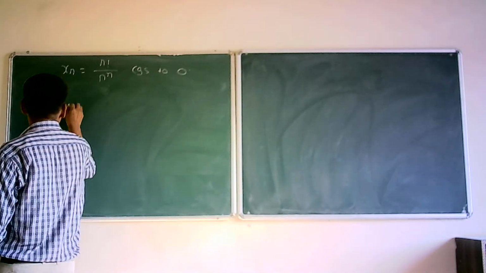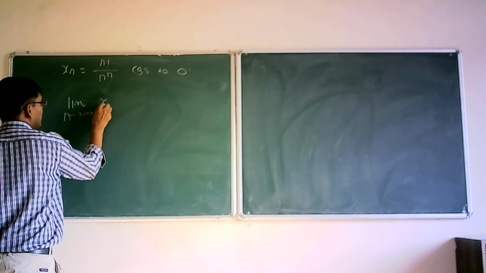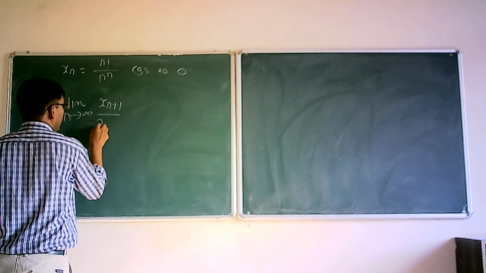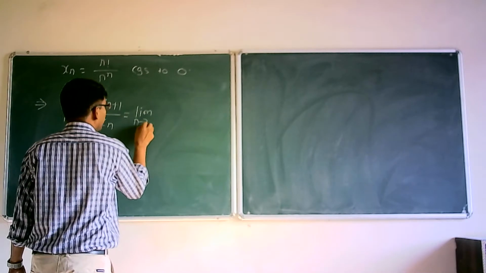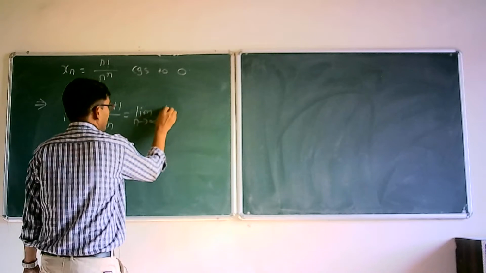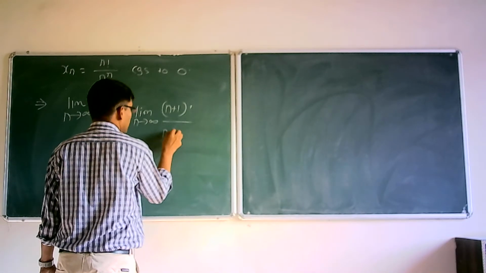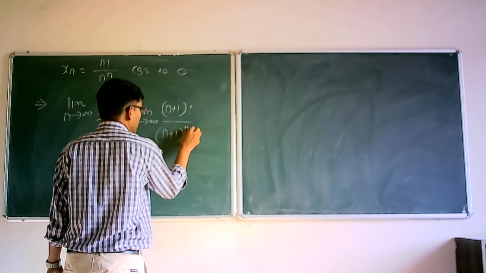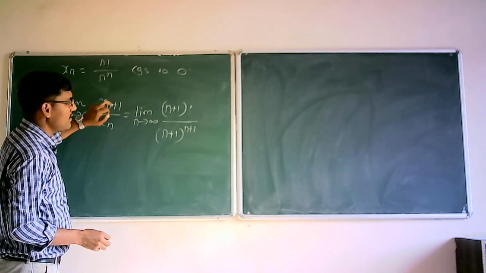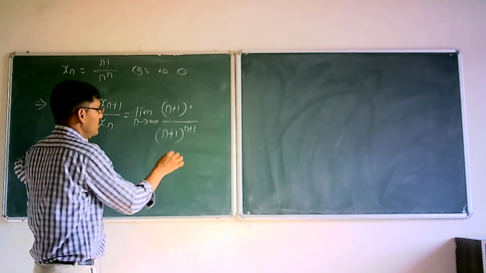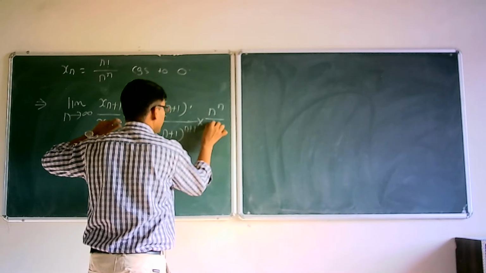So consider the limit as n tends to infinity of x_{n+1} divided by x_n, that is equal to the limit of (n+1) factorial divided by (n+1)^{n+1}, and again this divided by n factorial by n^n. So we can write this as n^n divided by n factorial.